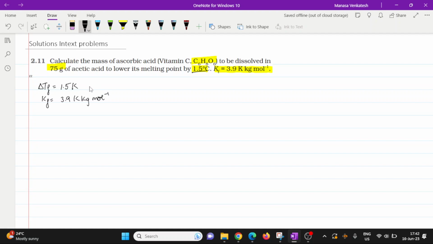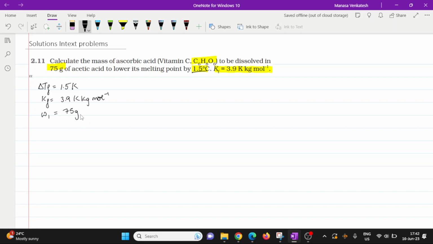The only difference here is that they've given us the value of delta Tf; in the previous one we had to calculate the change in temperature. That was boiling point and this is the freezing point. And then we've been given the mass of acetic acid, which is going to be our solvent. So I'm just going to say W1 is 75 grams.